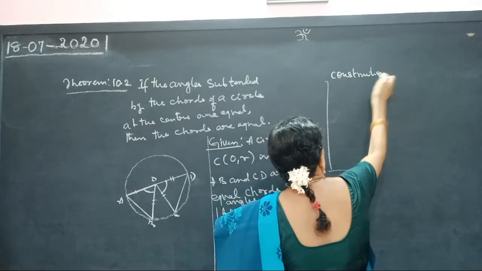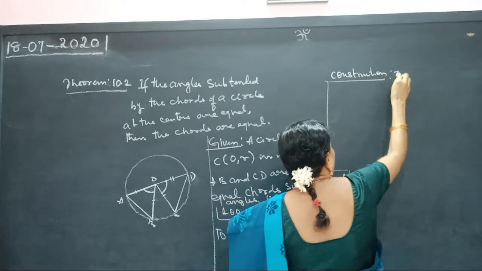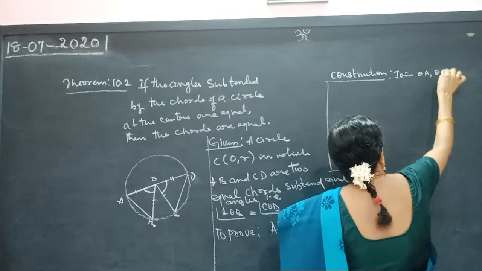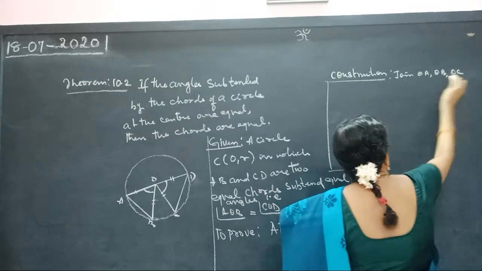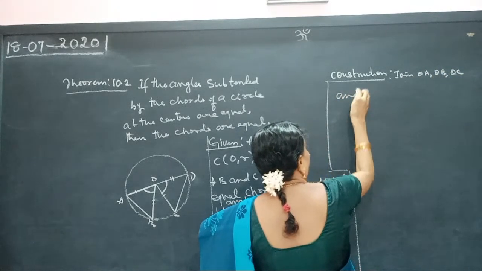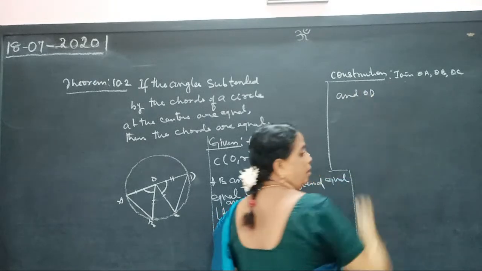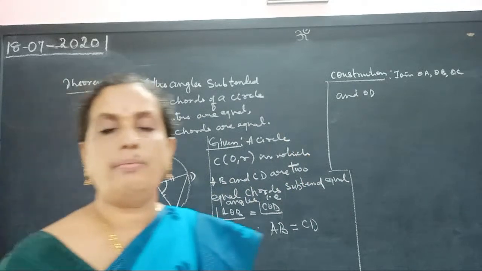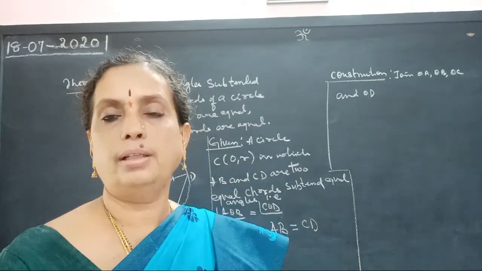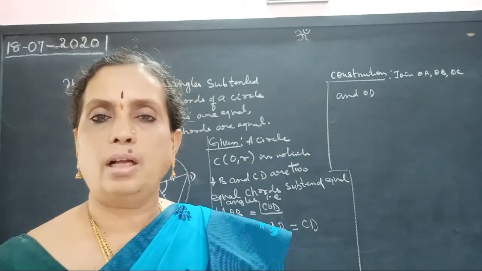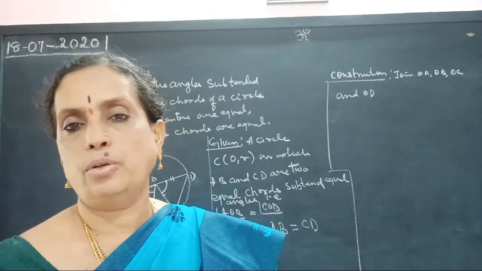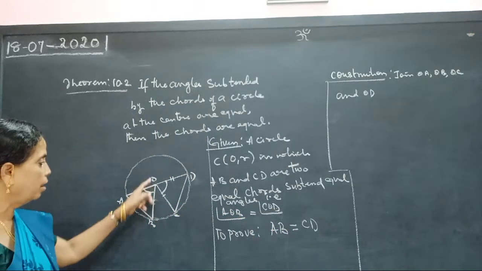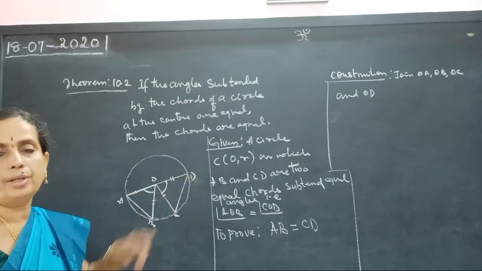So you write under the construction heading, join OA, OB, OC and OD. Actually, these radii should be in dotted form, showing that they have been done under the construction part. Okay? Join OA, OB, OC and OD.